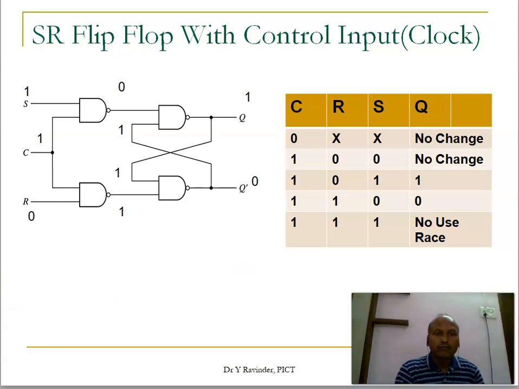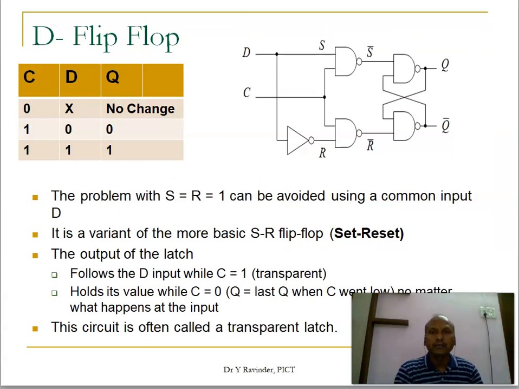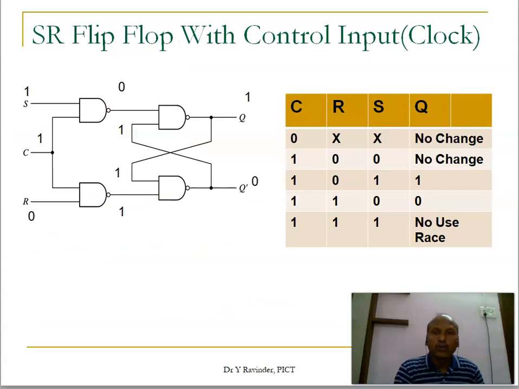So now if I use this, we know when both are the same, no change. When this is 0 and this is 1, 1, and this is 1 and 0, 0.